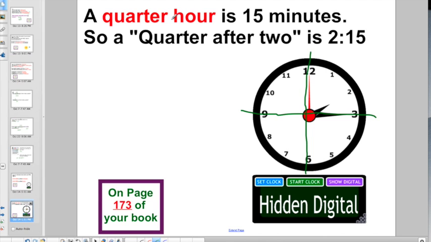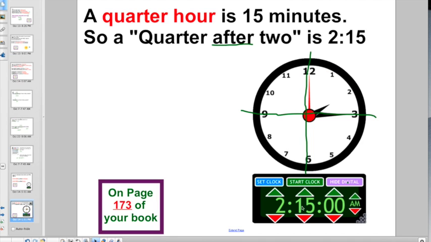So if they say a quarter after 2, and since it's after 2, well, your hour you start out as 2, and then move it down a quarter hour, and truly, that is 2:15, isn't it? Are you with me so far? If not, you better hit rewind.